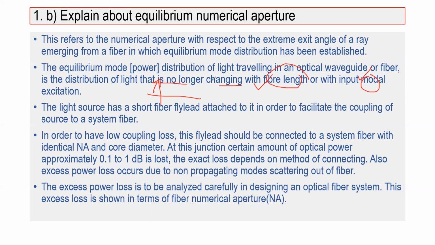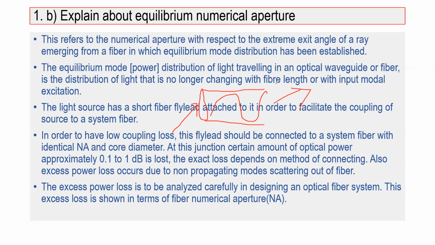As it is traveling along the length of the fiber, even though there are any repercussions inside, it should not change. These kinds of light modes are known as equilibrium modes. That means in order to calculate equilibrium numerical aperture, we are assuming that there is no change in the mode of the light.